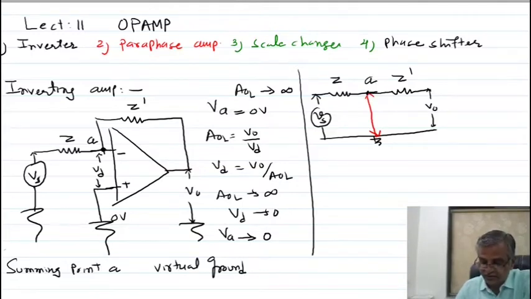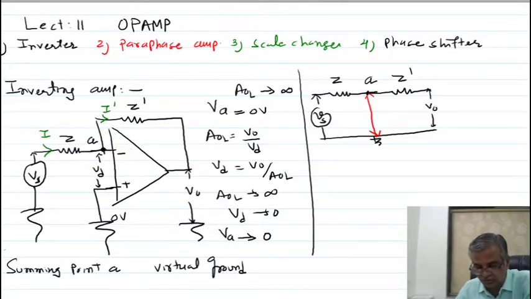Listen again. Due to infinite input impedance, this input terminal does not draw current. As a result, the current passing through Z and Zs will be equal. This current will pass in this direction. The reason is that this has infinite impedance and does not draw any current.